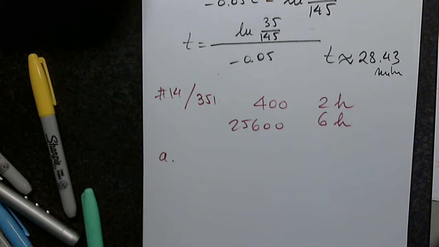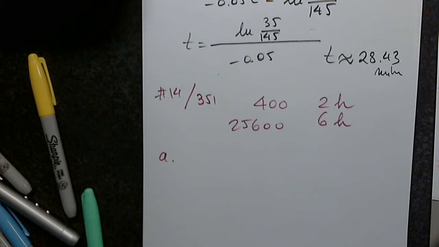Initial would have been when t is 0. But I'm given the information that I don't know when they started. I'm assuming they started 2 hours ago, and there is a sign on the Petri dish saying it started 2 hours ago.